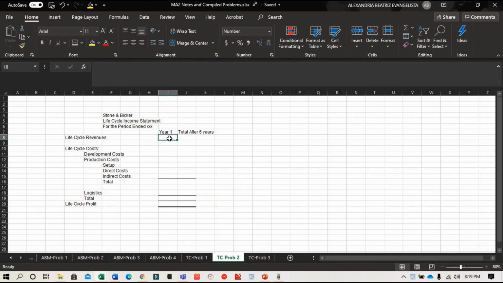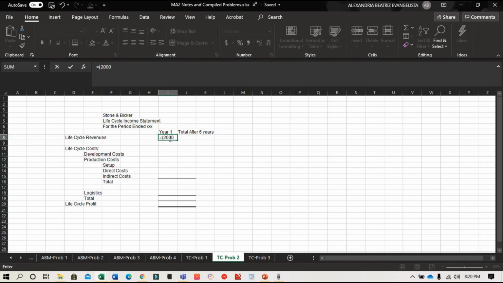year 1. To compute that, we're going to multiply the customer sales, which are expected to be 2,000 units of each lamp pattern. That is considered our unit sales, and the 2,000 units correspond to each lamp pattern.